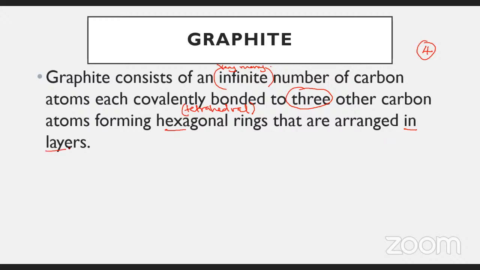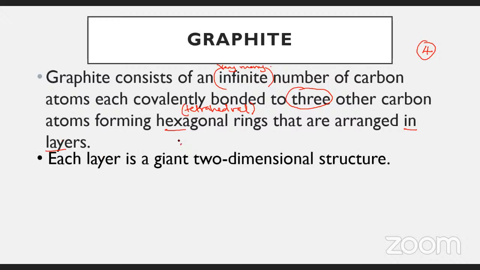But remember, in diamond, we didn't have anything to do with the layers. Then each layer is a giant two-dimensional structure. Once again, Miracle says diamond forms giant structure, whereas graphite is in layers.